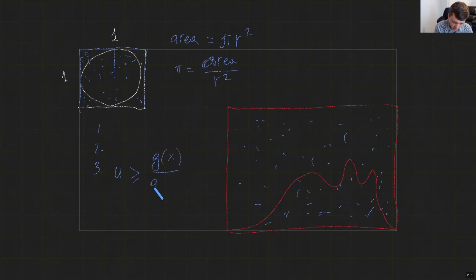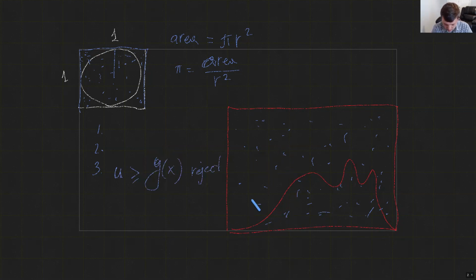Remember, G is what we want to sample from, and G0 of X is what we can sample from, our uniform probability. So if our sample is larger than the value of G(x), we reject the sample, and then continue sampling.